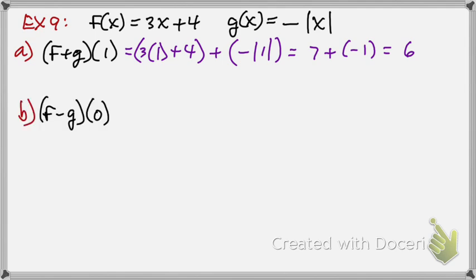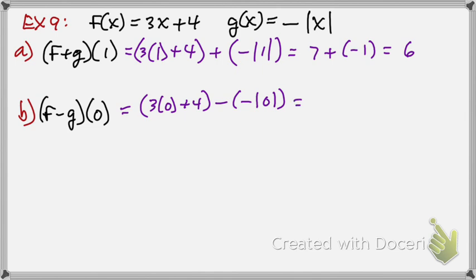Let's do a subtract. And we're evaluating at 0. So I've got 3 times 0 plus 4 minus this, minus the absolute value of 0.